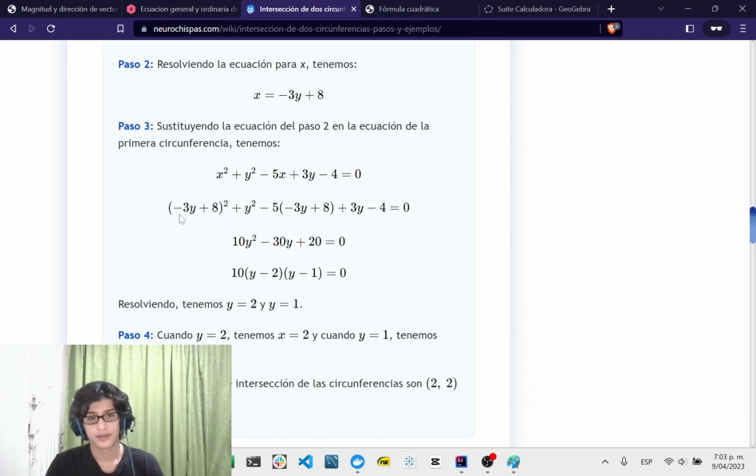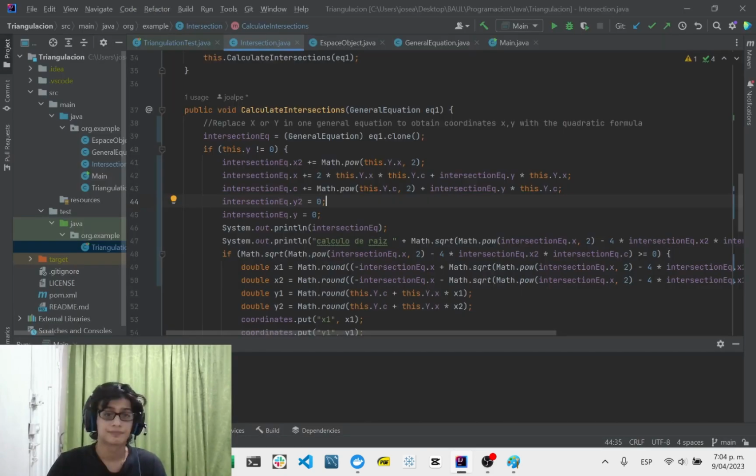If we develop this binomial, you should know what I have. I'm going to have here 1 x2, and I add this to the x2 that is there.